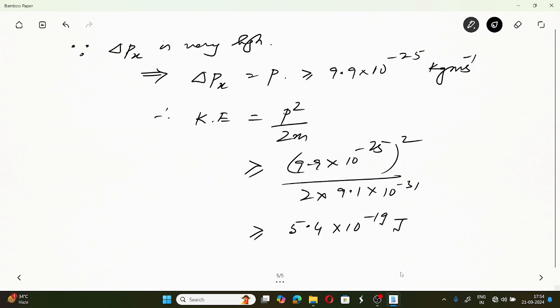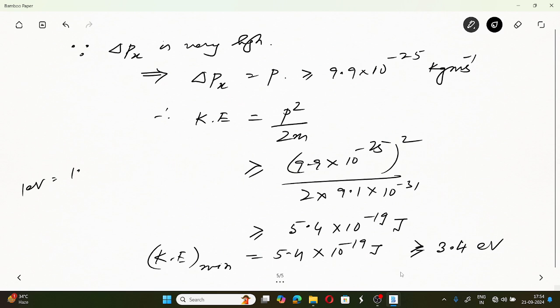So greater than or equal to means minimum kinetic energy টা তাহলে কি হবে? The minimum kinetic energy will be equal to 5.4 10 to the power minus 19 joules. Right? So if you want to transform this into electron volt, this will be greater than or equal to 3.4 electron volts. আমরা জানি যে 1 electron volt equals 1.6 10 to the power minus 19 joule.